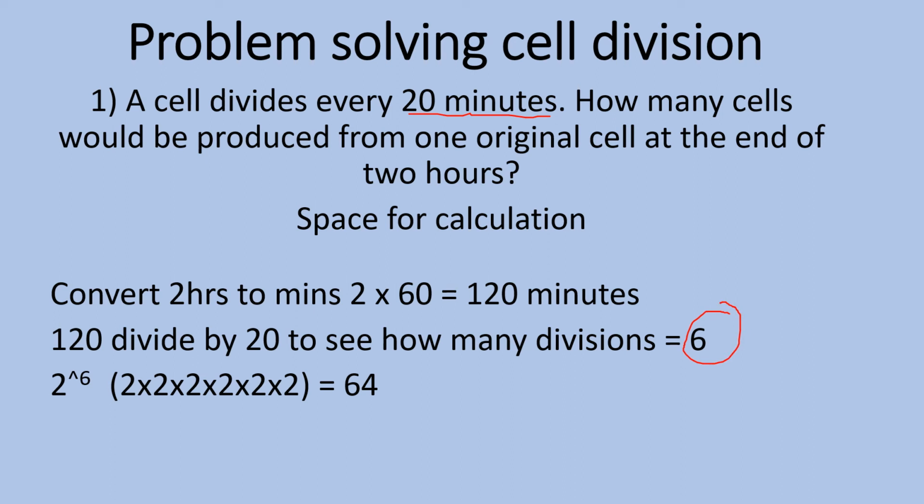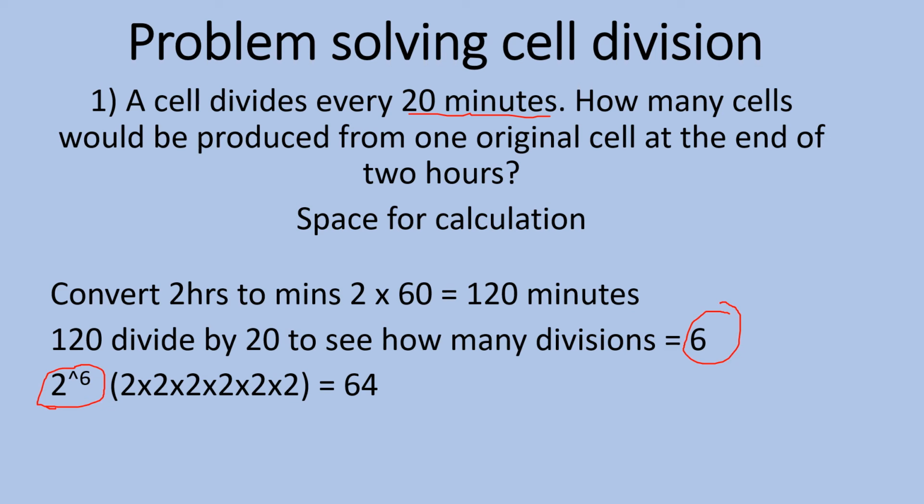So then you do 2 to the power of 6 in your calculator, or you can do 2 times 2 times 2 times 2 times 2 times 2, which is the same thing. So there's 1, 2, 3, 4, 5, 6 2's, and then it gives you 64. So well done if you managed to follow that.